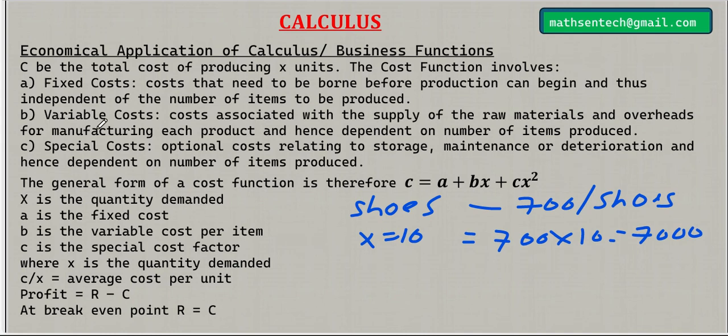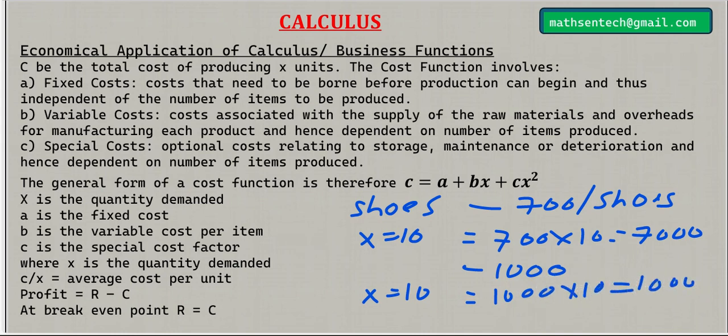Okay, so if you sell now the shoes at a price of 1,000, so you're selling each shoe at 1,000, okay, and you still have the 10 shoes, remember. So now the revenue will be 1,000 times 10, which is 10,000. So now what will be the profit?